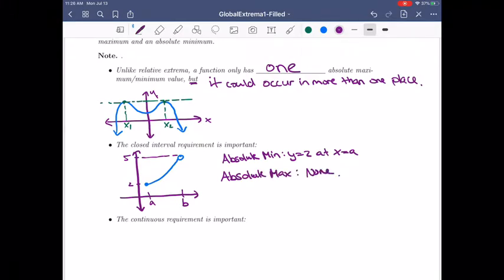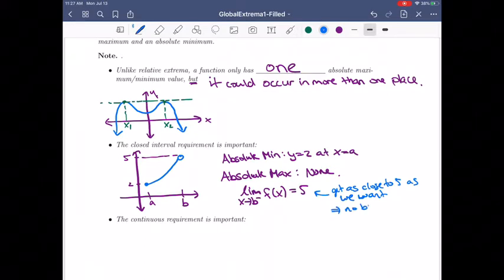The limit as we approach b from the left of our function is going to 5, but it never reaches 5. So remember, that means we can get as close to 5 as we want, which means that there's no biggest value because we don't actually get to 5.